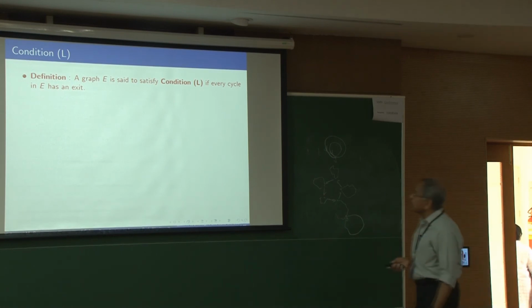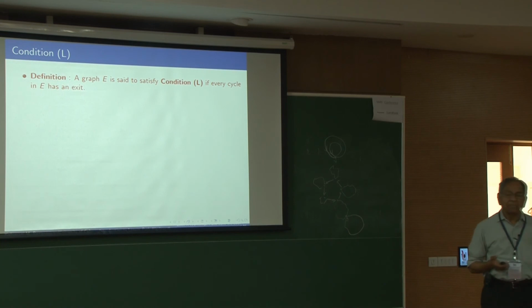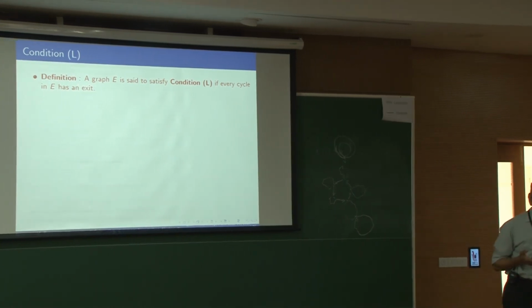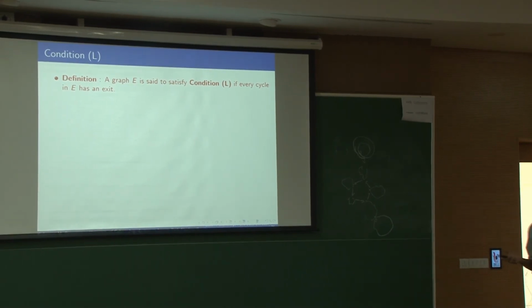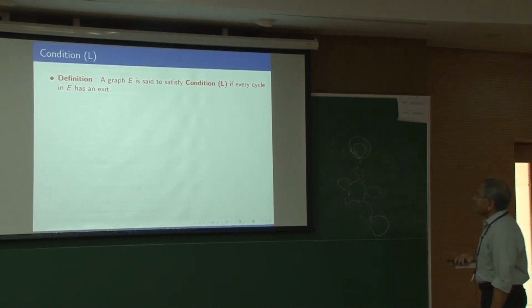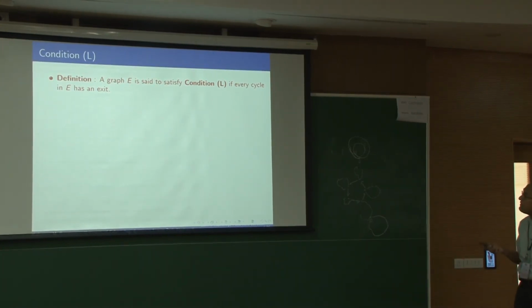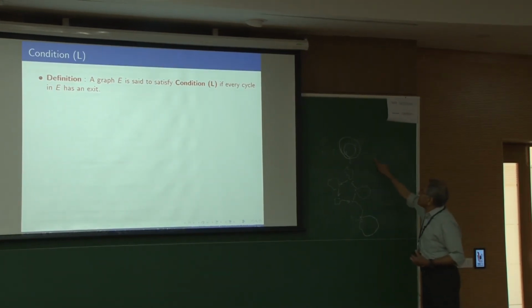Another condition, condition L, is slightly weaker than condition K. These are some of the defining graph properties which play a key role in the investigation of Leavitt path algebras. So those are two important graph properties. A graph is said to satisfy condition L if every cycle has an exit. So every one of them should have an exit.